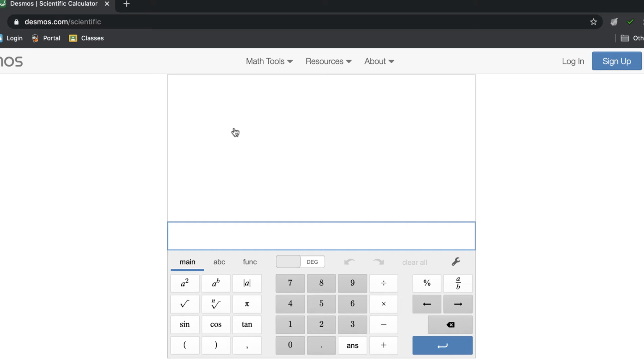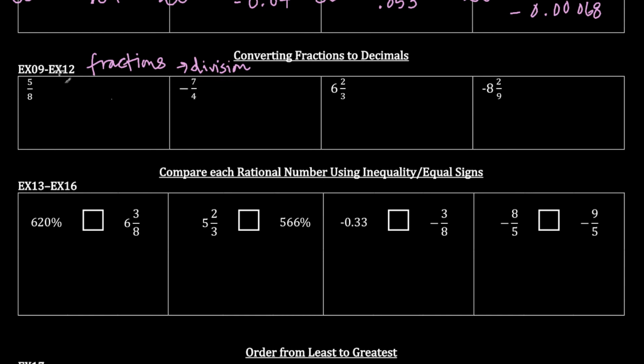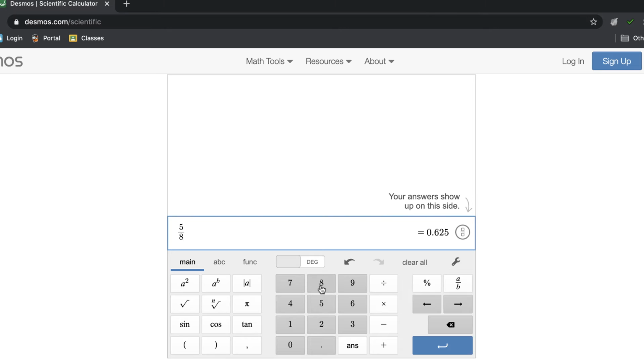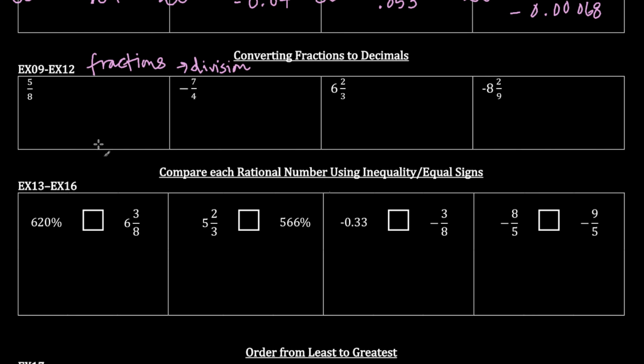And then all you have to do is 5 divided by 8. And it gives you 0.625. So 0 and 625 thousandths.